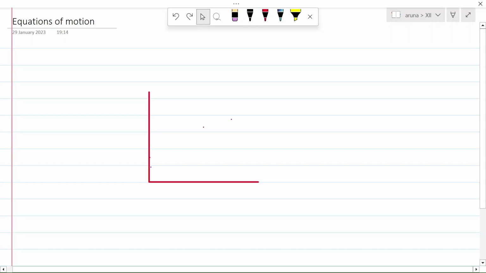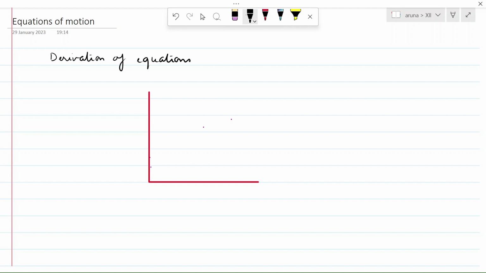Hello everyone, we will be discussing equations of motion, the derivation of equations of motion using a graph. So the agenda for today is to derive the three equations of motion graphically.